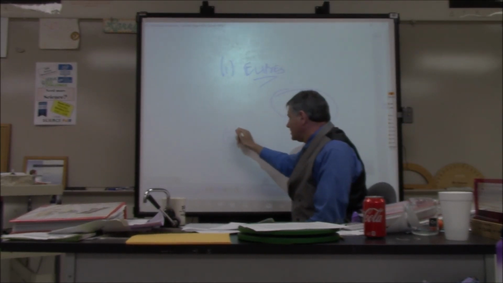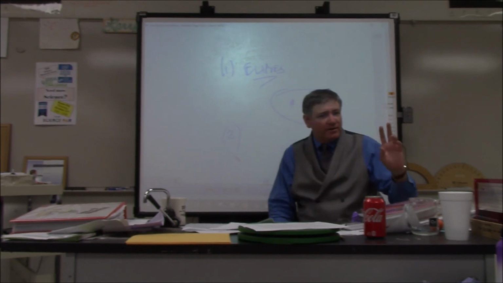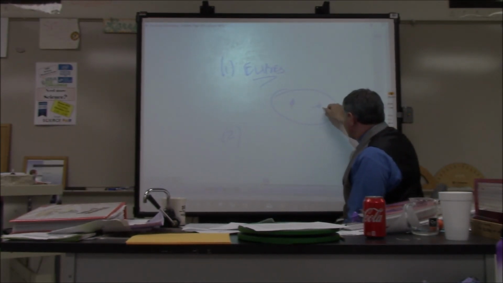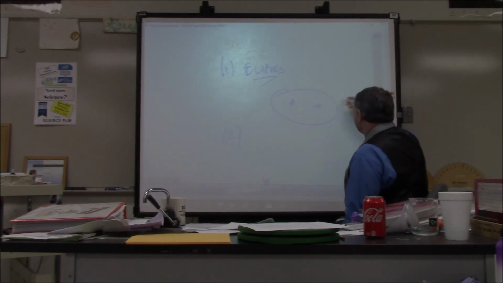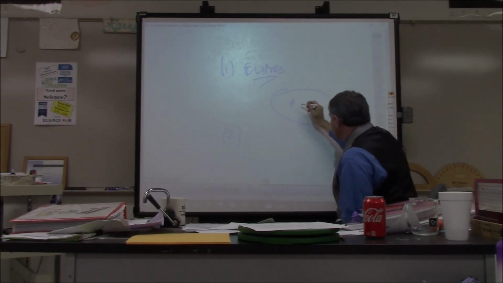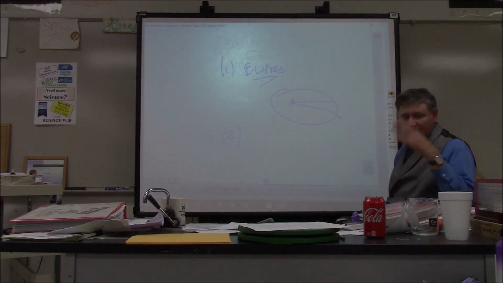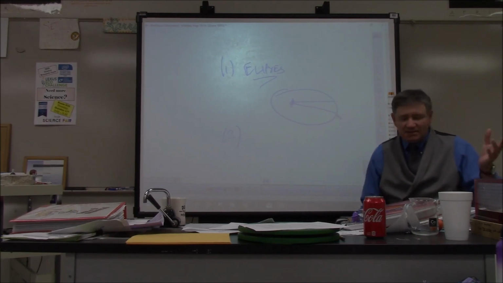The second law is what's called the law of equal areas and equal times. What that means is this. The sun is one focus. What Kepler realized is that if you took any period of time, let's say 10 days, it doesn't make any difference.